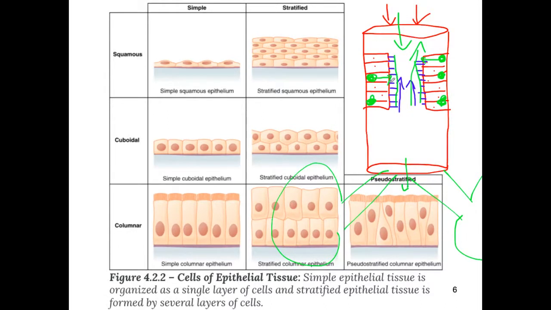In smokers, however, smokers actually paralyze these cilia. They paralyze the cilia or burn them off. And when these cilia get burned off, these pseudostratified ciliated columnar epithelial tissue, they change their shape.